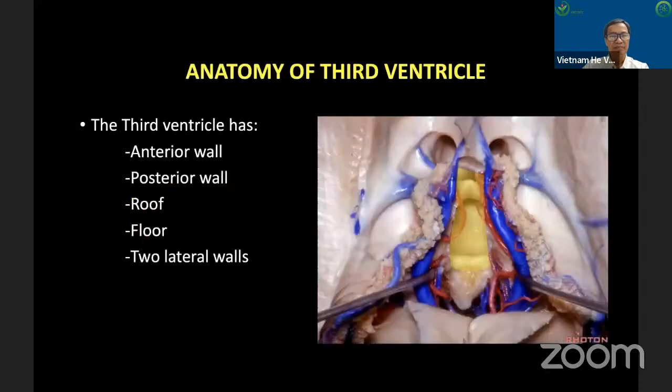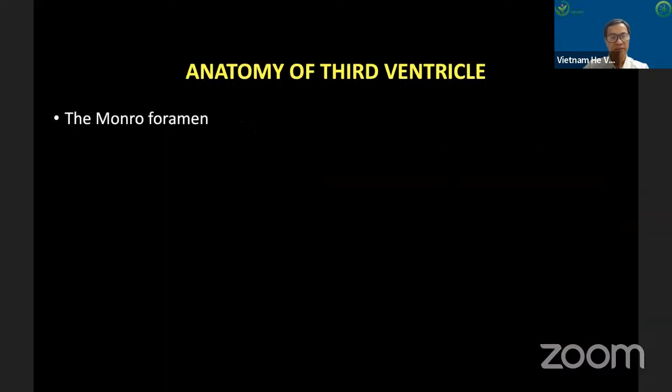And the anatomy. For young doctors who would like to start doing ETV, of course we must learn the anatomy, as with any other procedure. For the third ventricle, we learn about the anterior and posterior walls, the roof, the floor, and the two lateral walls.